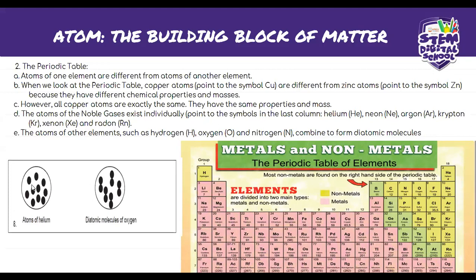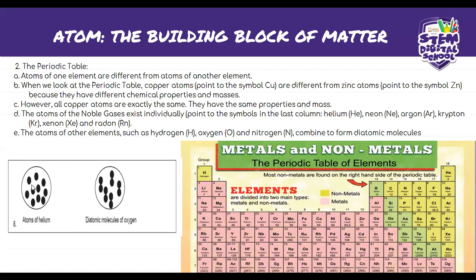I hope you are following. If you have a question, you can ask on the diagram on my left hand side. So we are simply representing the helium atoms. We are saying they exist in isolation. They are single. It's not like the diatomic molecule in which you are seeing these two black dots or circles.